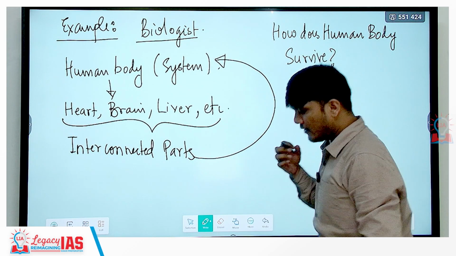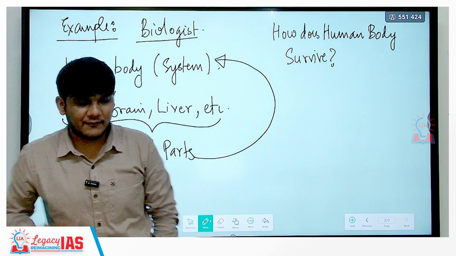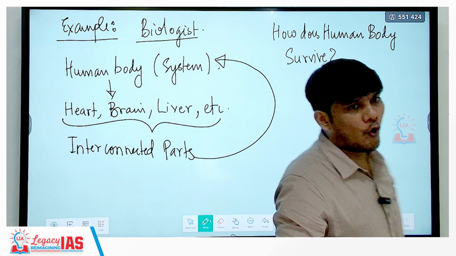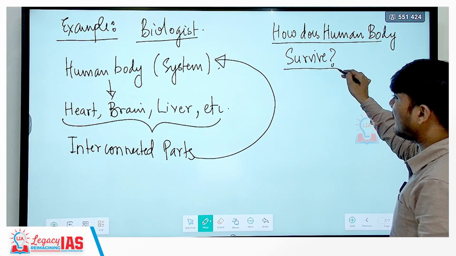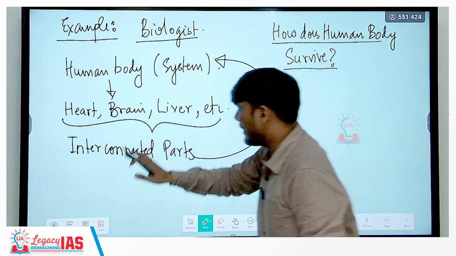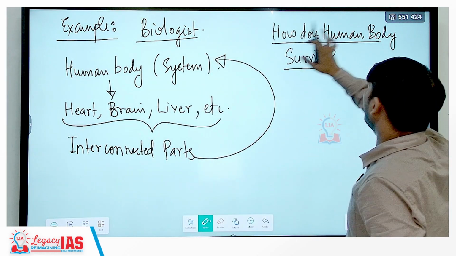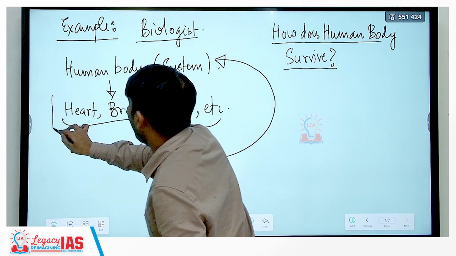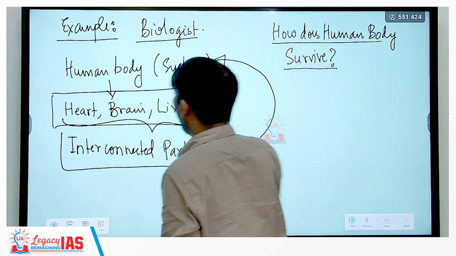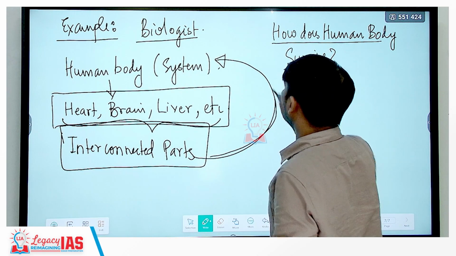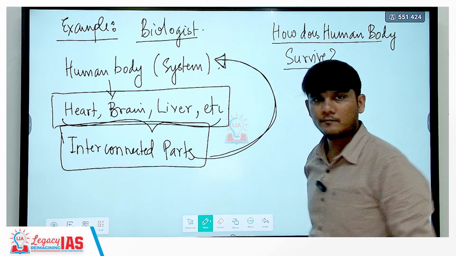How does it maintain its temperature, how does it keep on living, and so on and so forth. So to understand how the human body survives, it has to study heart, brain, liver, etc., which are interconnected parts which constitute together to form the system, right?